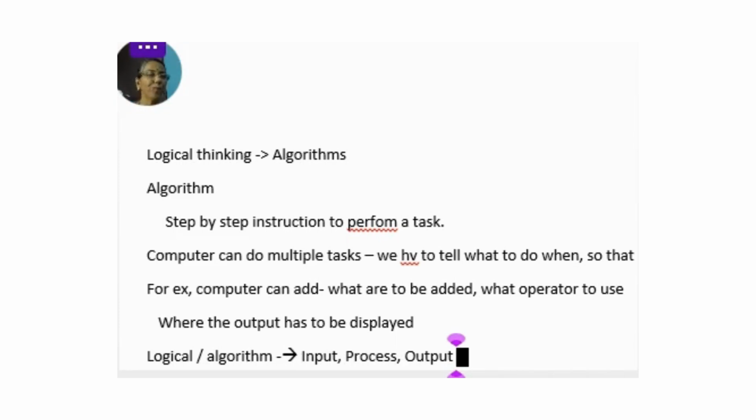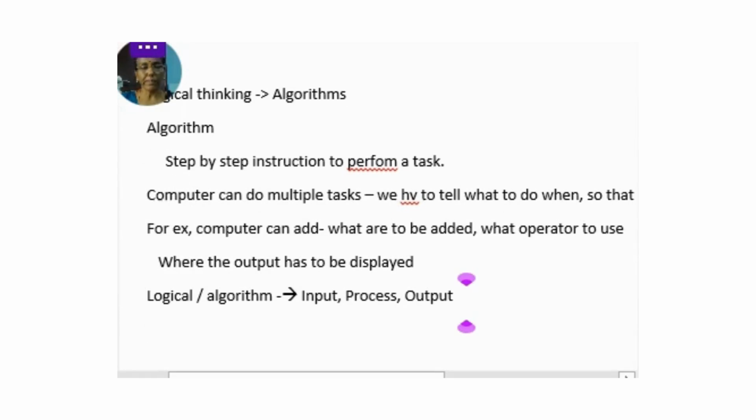Basically, logical thinking involves deciding what are the input, what is the processing that is to be performed, and what is the output that we need from that particular program. So when we are able to decide this and we are able to write the statements that will help us to achieve this, we say we have done a successful program.